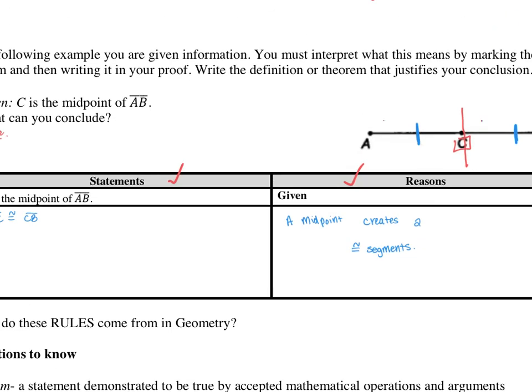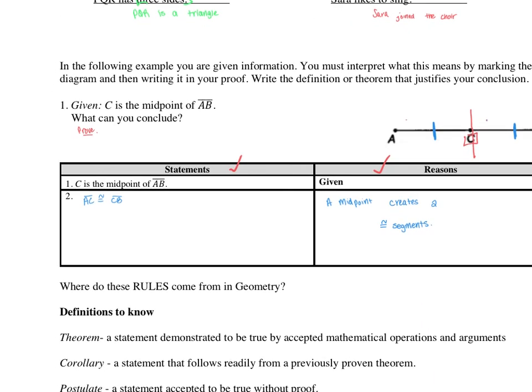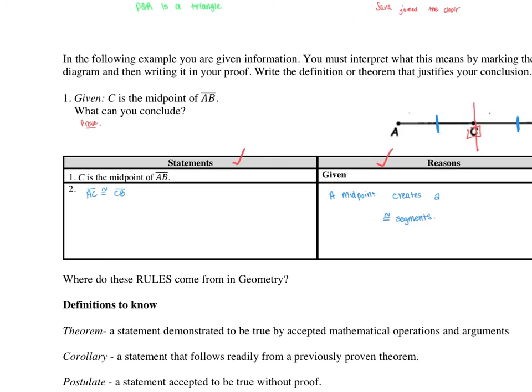What some students have written over the past 2 years that's also 100% acceptable is a midpoint creates two equal halves or two congruent halves. As long as you have something along the lines of a midpoint creating two congruent pieces, that's 100% correct in my book. So your statements are the conclusions you're making, and the reasons are basically your evidence or your thoughts about it.